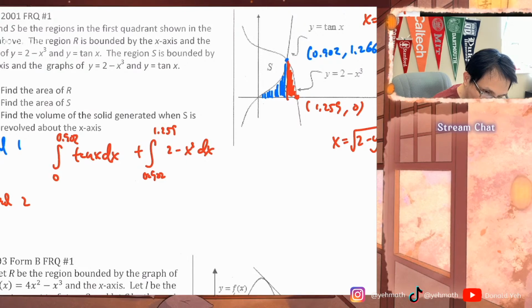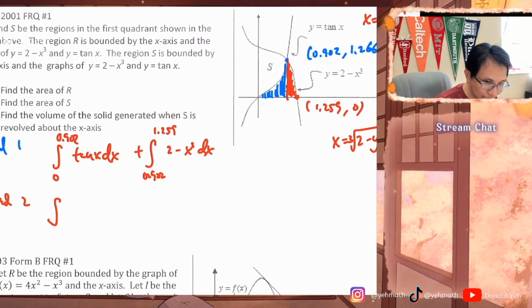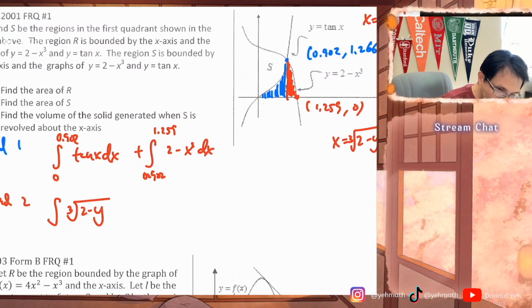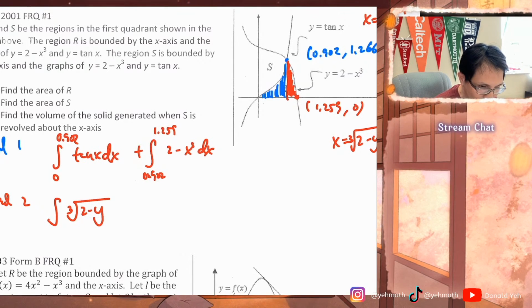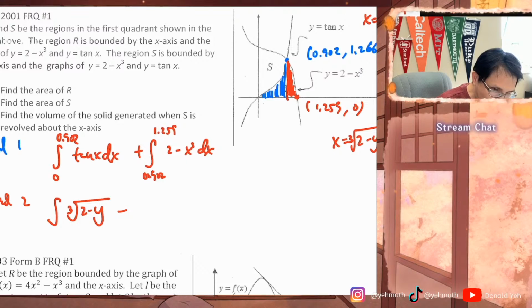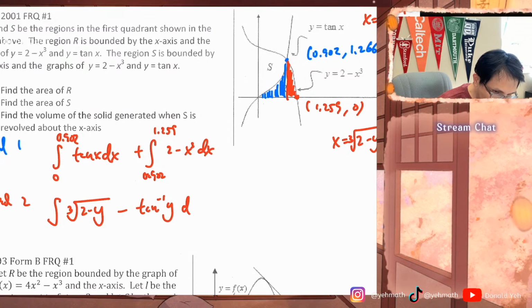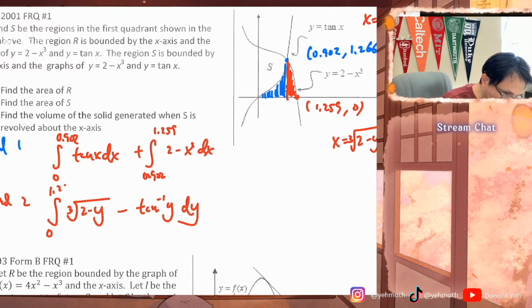So I can do it in one integral. It's right minus left: the cube root of 2 minus y, minus the bottom graph, inverse tan of y, dy. And the boundaries are 0 to 1.266.